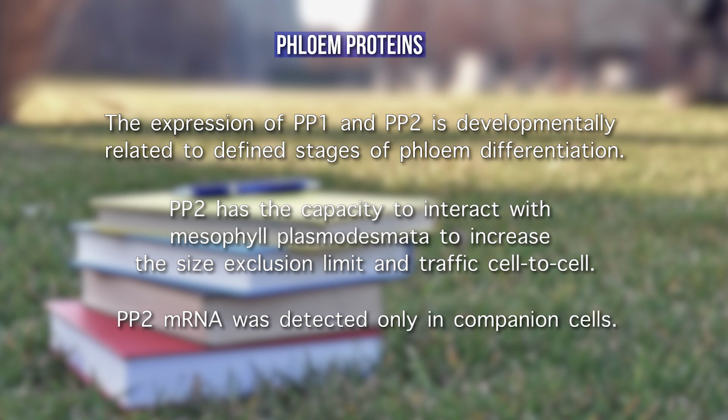And at the same time, PP2 also can bind with microRNA or messenger RNA, which definitely indicates that the PP2 or the phloem protein is mediating the transport of the RNA, which is helping in protein synthesis in a distant cell.